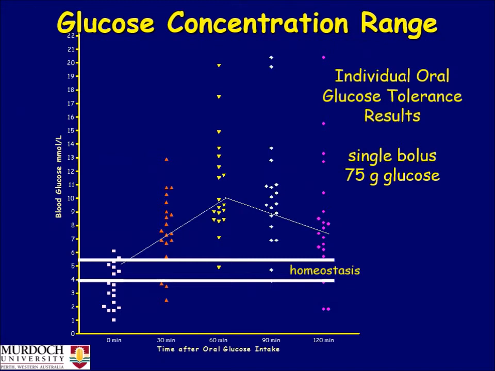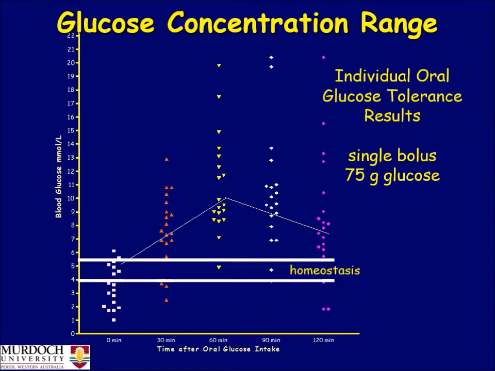I can actually illustrate the effect of type 2 diabetes using the following graph. What you're looking at here is an oral glucose tolerance test. And believe it or not, this was actually done in our biochemistry labs. We used to run these labs for the biomedical science students.